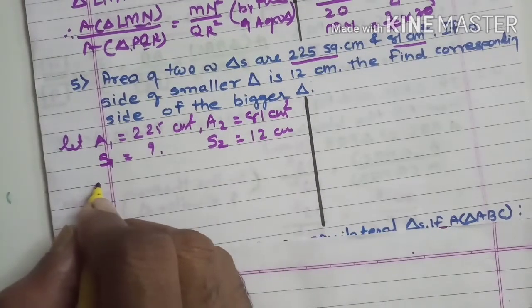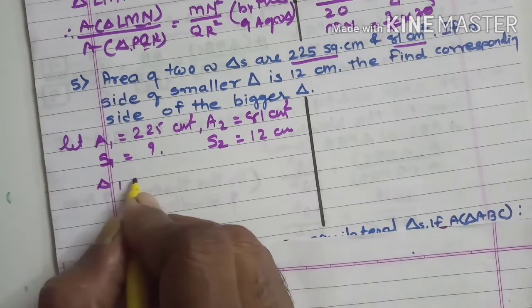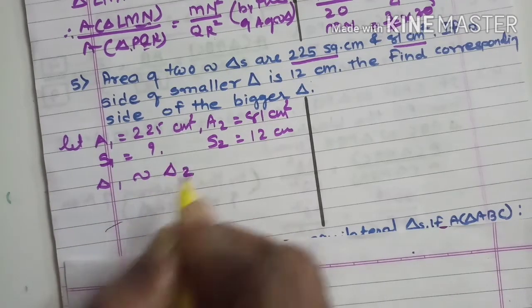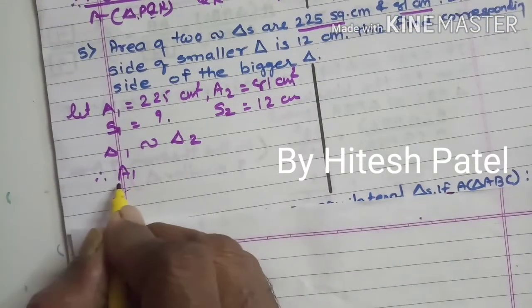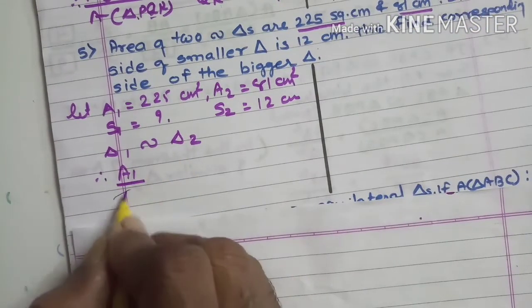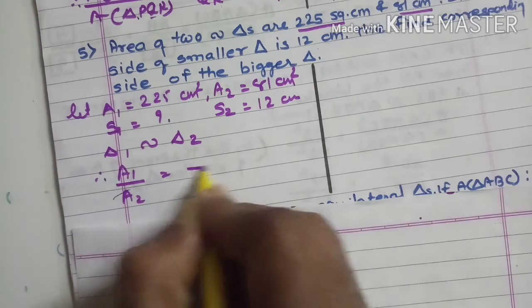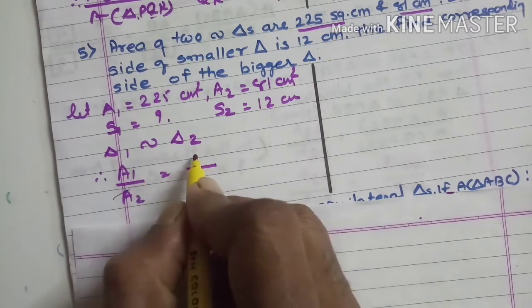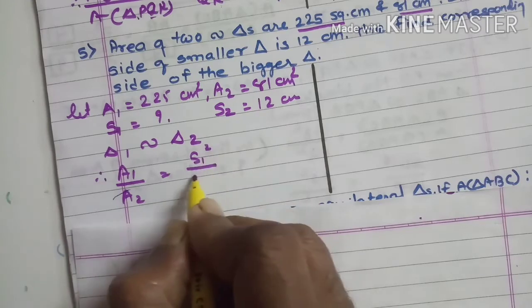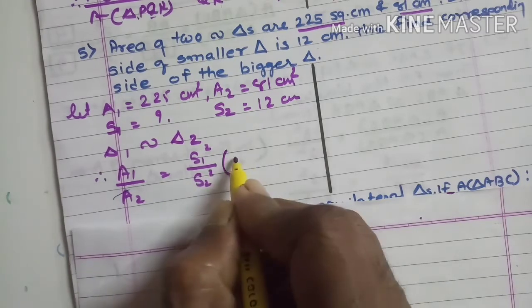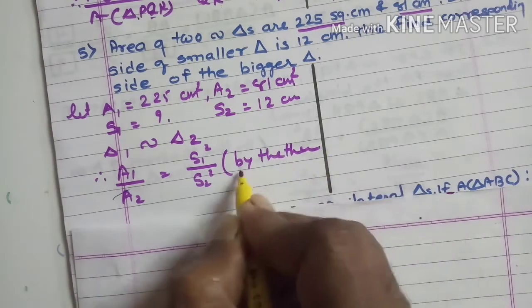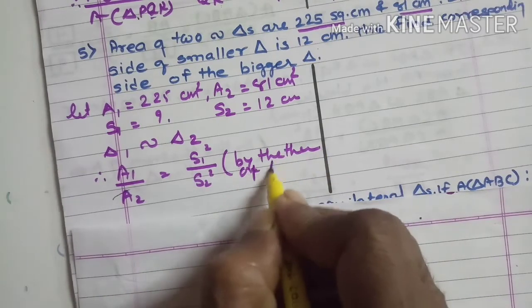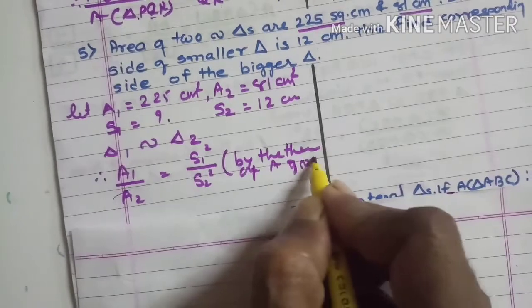Triangle 1 is similar to triangle 2, therefore area of triangle 1, that is A1, and area of triangle 2, A2, the ratio of these two is equal to S1 square upon S2 square, by the theorem of area of similar triangles.